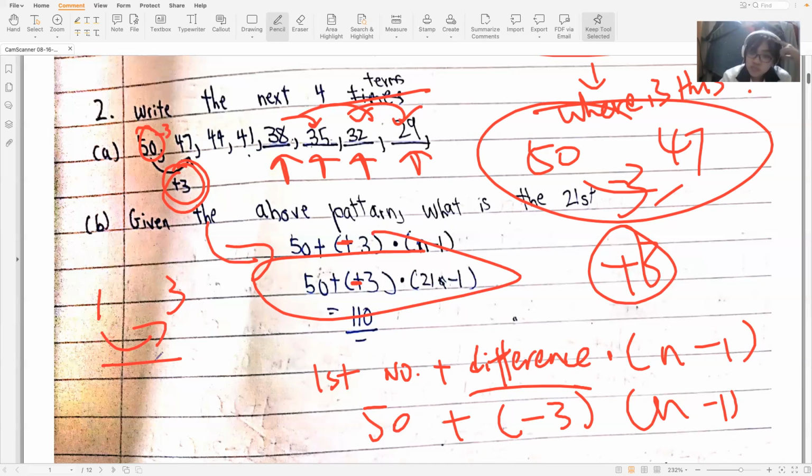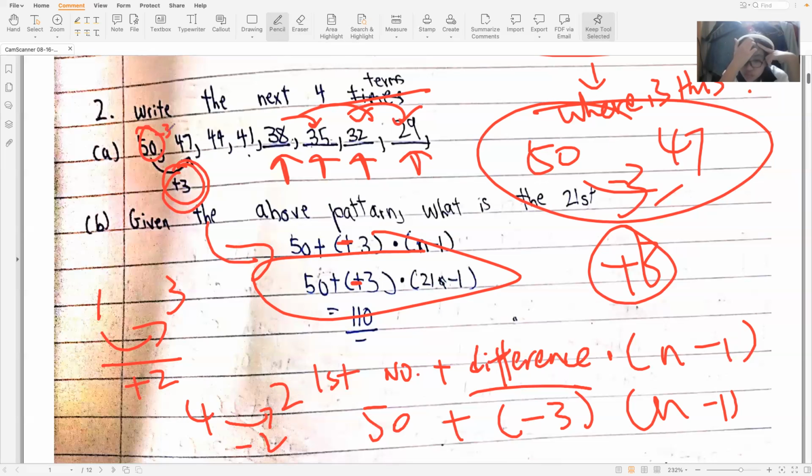So what is the difference? Plus 2. 4 to 2. So what's the difference? Plus 2 again? Minus 2. That's why I say you better think.